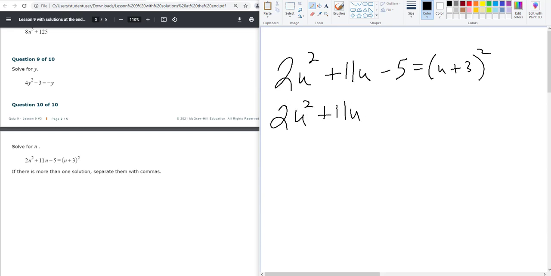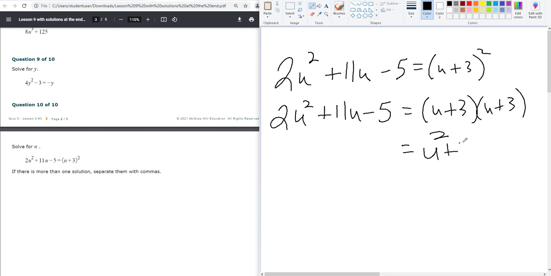So this side's not going to change while I do u plus 3 times u plus 3. And by the way, it is not u squared plus 9. You have to distribute or FOIL it out. u squared plus 3u plus 3u plus 9 is u squared plus 6u plus 9.